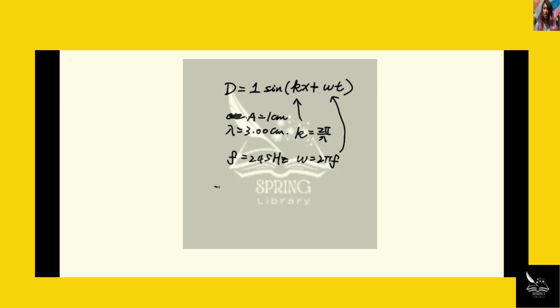So at t equals 0, the particle of the string at x equals 0 is displaced by a distance 0.8 centimeters. So what that is saying is that at t equals 0, x equals 0, the displacement equals 0.8 centimeter. And it's moving upward.